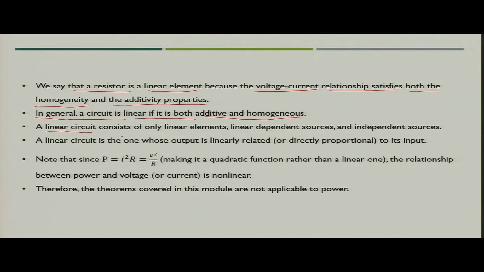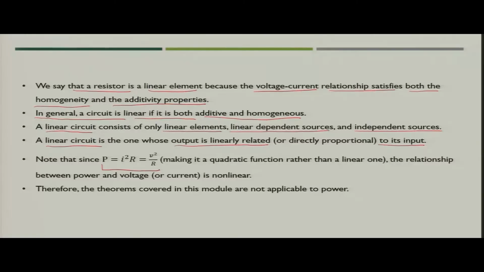A linear circuit is a circuit which contains only linear elements, linear dependent sources and independent sources. So, in a linear circuit, the output is linearly related to its input. Now, although the circuit may be linear, its input output relationship may become non-linear. So, can we apply homogeneity and additivity in that case?